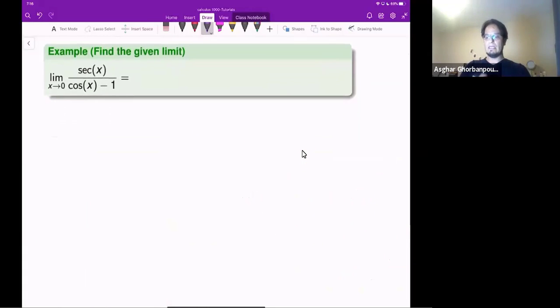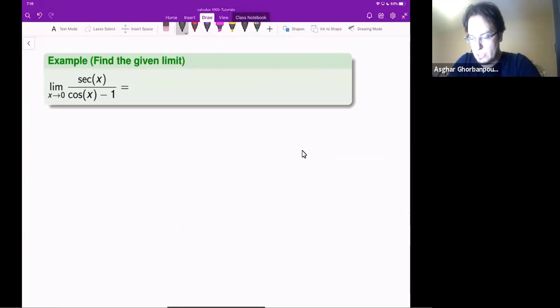Okay, so how about this question? Again, this is a quotient of two functions. I will start with the limit of the denominator, cosine of x as x goes to 0. Cosine is a continuous function, so the limit and the value of the function at that point are the same.